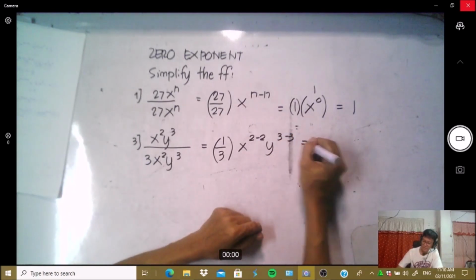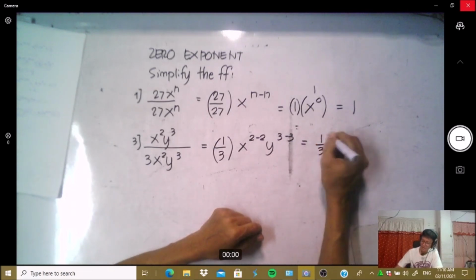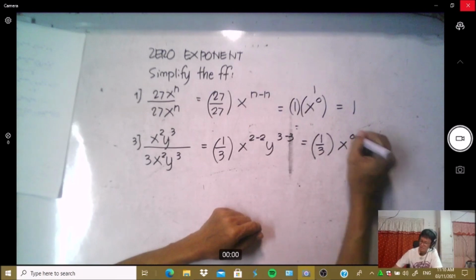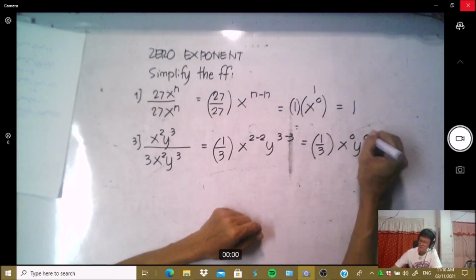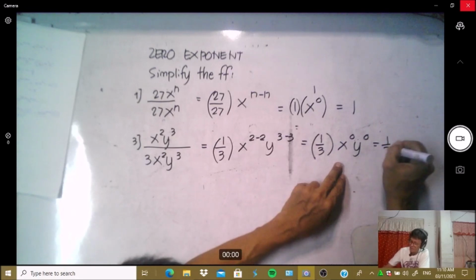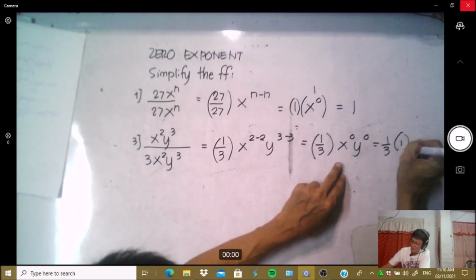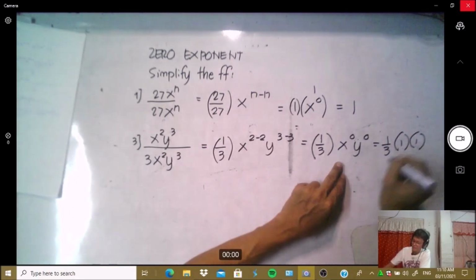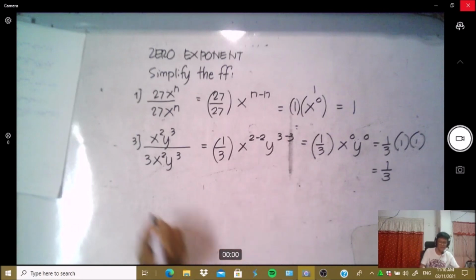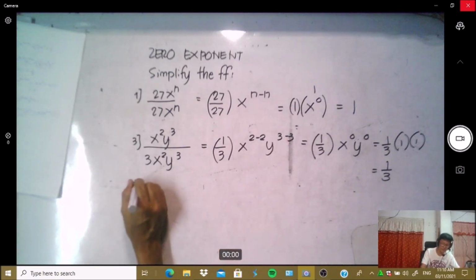So this is equal to 1/3 multiplied by x raised to 0, then y raised to 0. However, x raised to 0 is just equal to 1. So we have 1/3 multiplied by 1 multiplied by 1. And therefore, our answer is 1/3. Okay, so very simple.